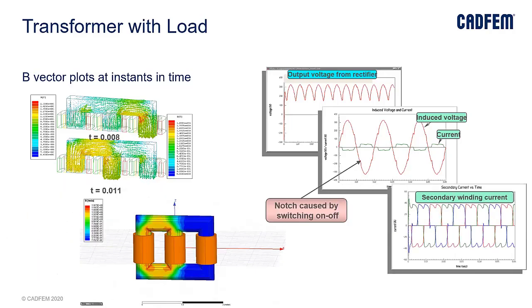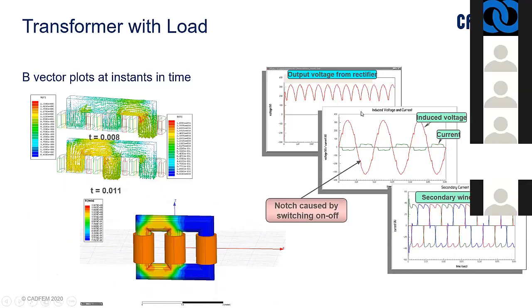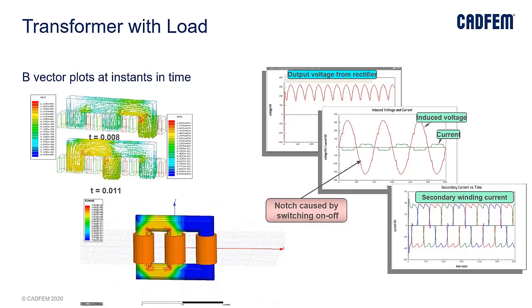You can see the complete output voltage profiles from rectifier operations, the current and voltage profiles, and the secondary winding currents and how they behave. All these on-load post-processing things are doable. Over to Tanakos. Okay, thank you, Hara.